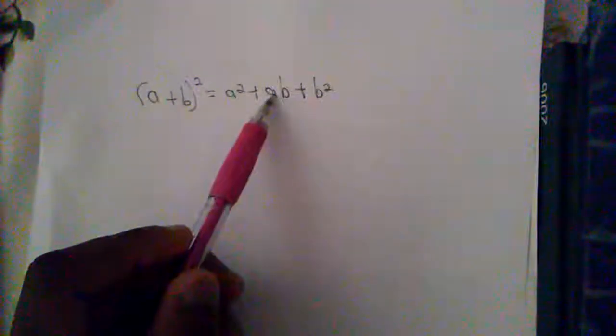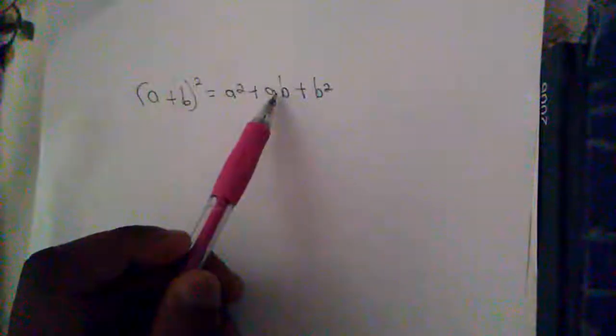It will be equal to a squared plus ab plus b squared. Now, we understand that ab is supposed to have a coefficient of 2. But let's just put it in this form in the meantime, for the sake of this explanation which I'm about to give.